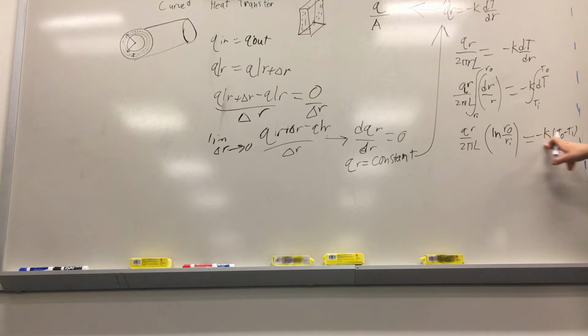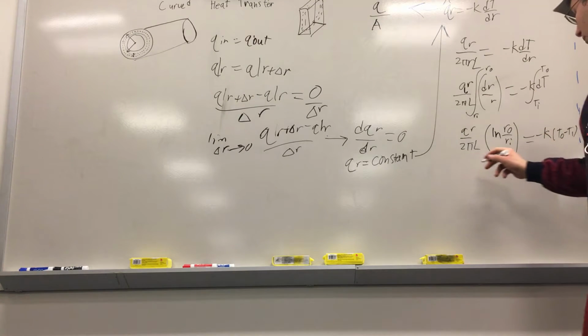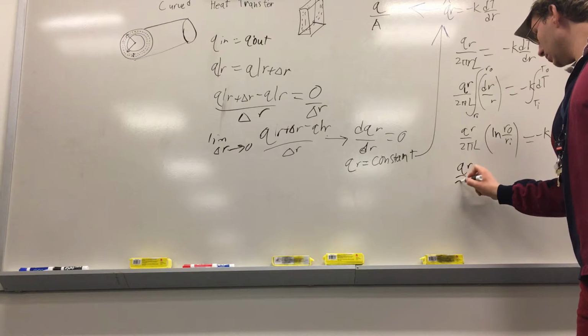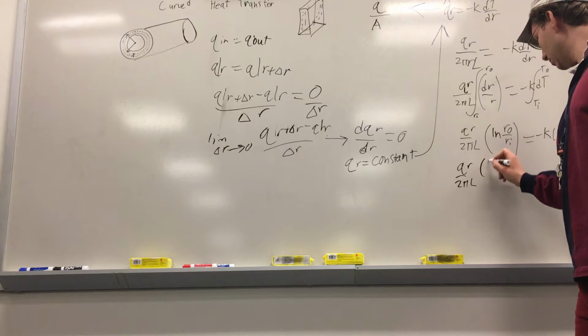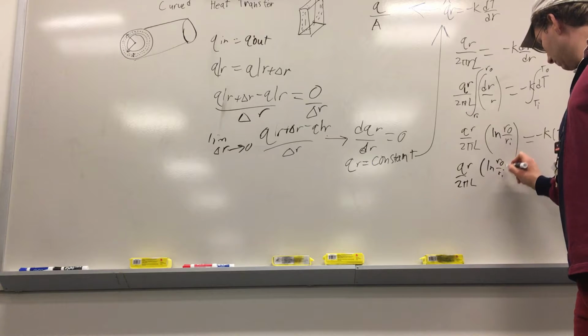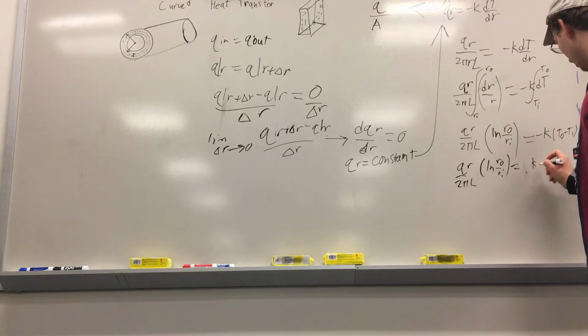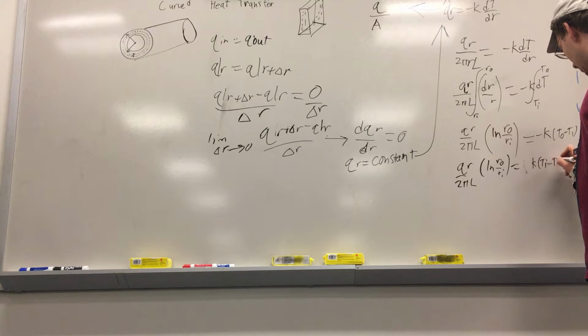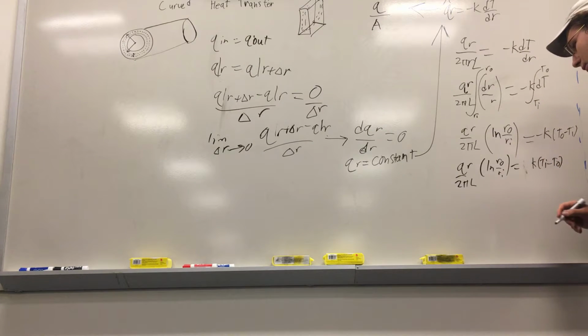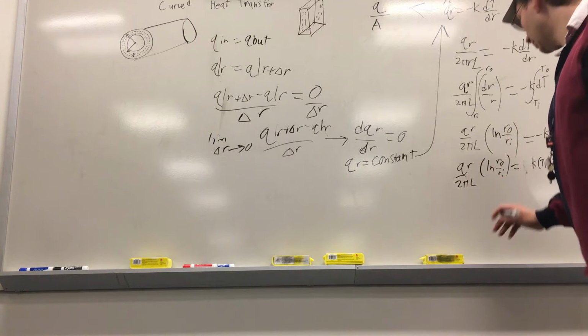I'm going to absorb this negative sign, so it becomes Ti minus To. And pretty much what I'm going to do is solve for Qr.